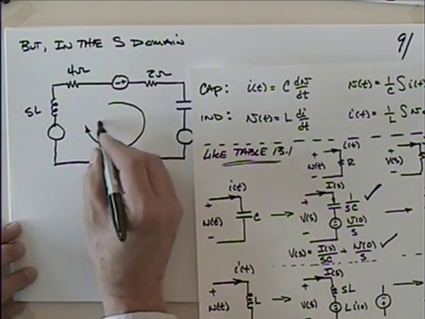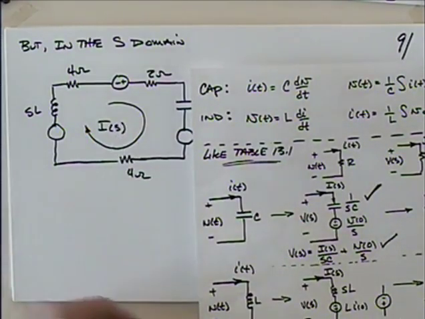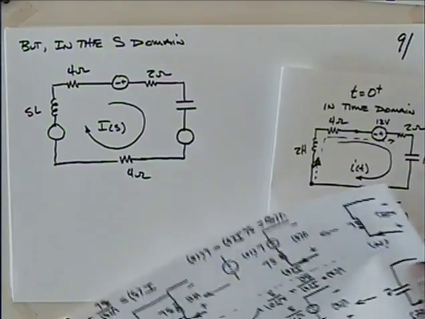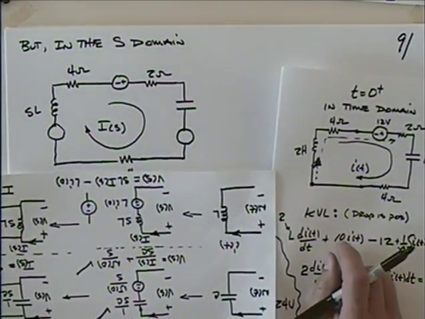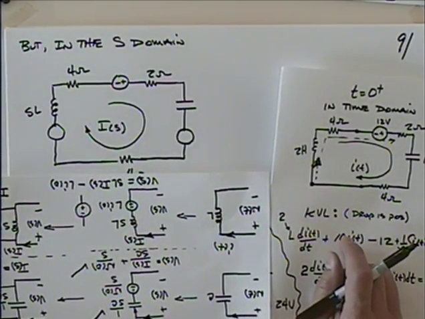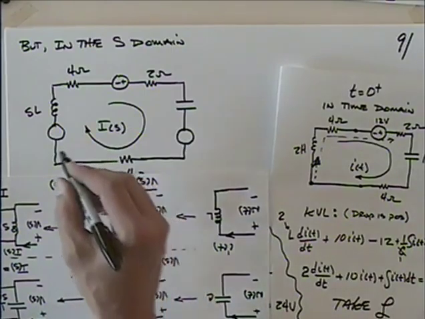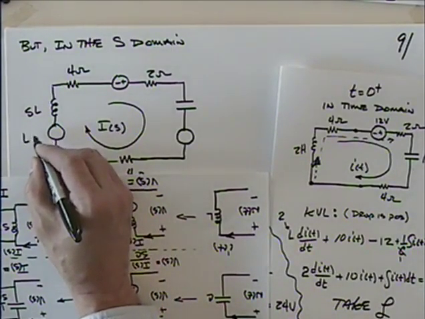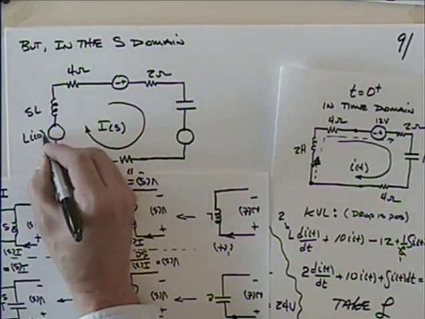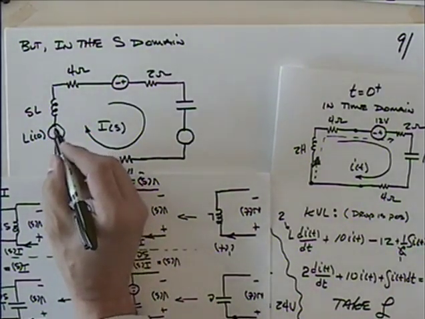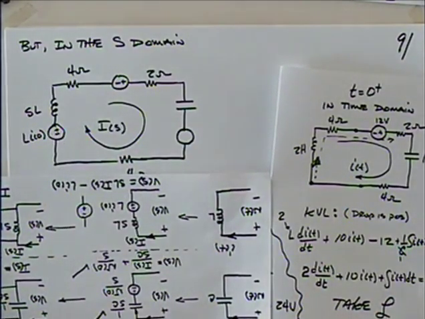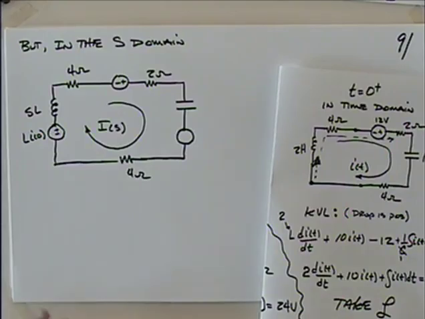Can I make that happen? Now let's see. Look at that. Okay, so what am I going to call this? L times I naught. I think I'm good there, and that would then be positive and negative. Okay, so we've got that.